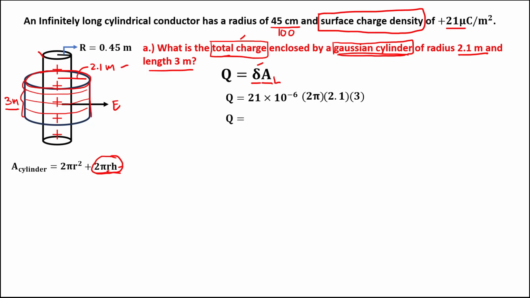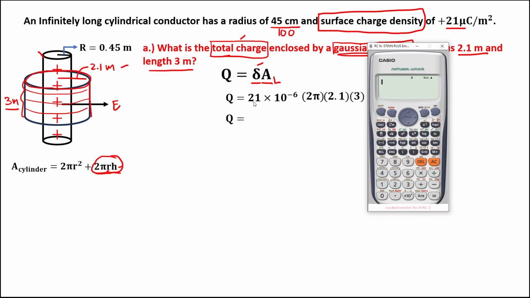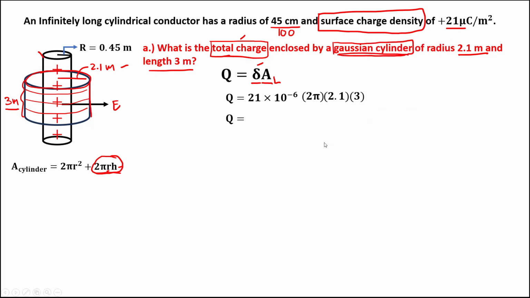Then to find out the total charge, we have 21, then times 2, then times pi, and pi is 3.14, then times 2.1, then times 3 equals 830.844, then times 10 to the power negative 6.